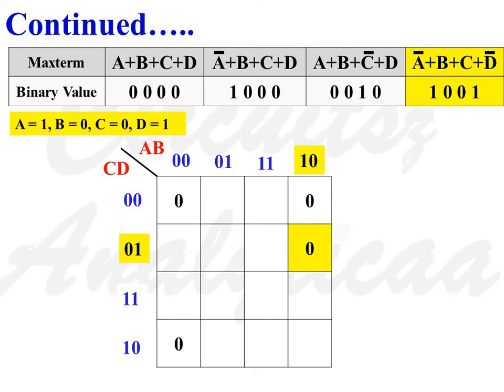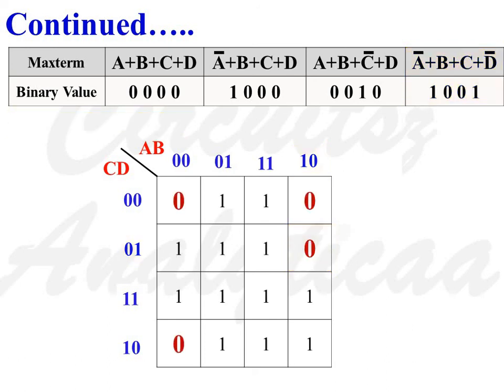Locate the cell 1, 0, 0, 1 on the K-map. That cell is filled with logic 0. So this is the final K-map. After filling all the sum terms with 0, the remaining cells are filled with logic 1.